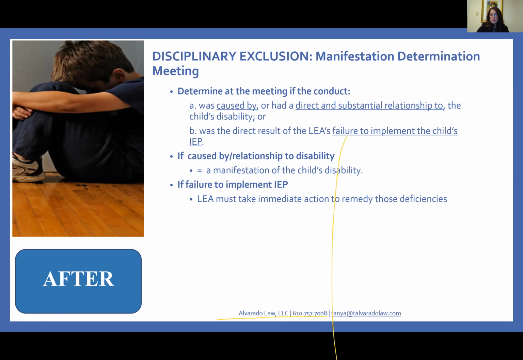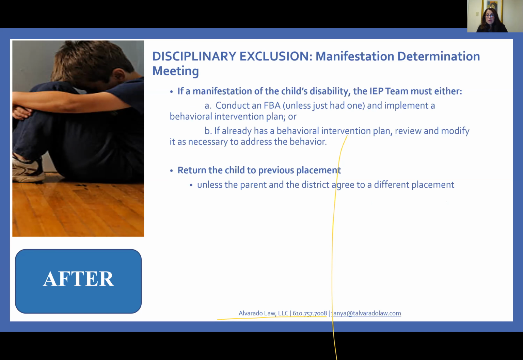If it's a failure to implement the IEP, then the school district has to take some very proactive measures to make sure that the IEP is getting implemented. I've gone through these just now.